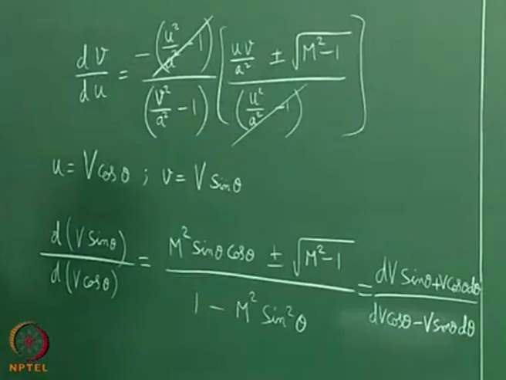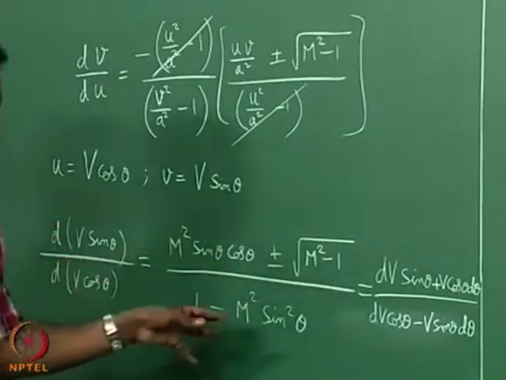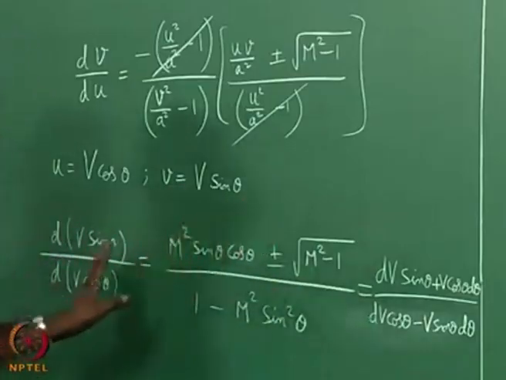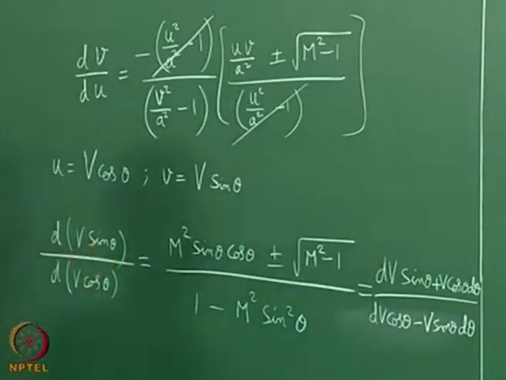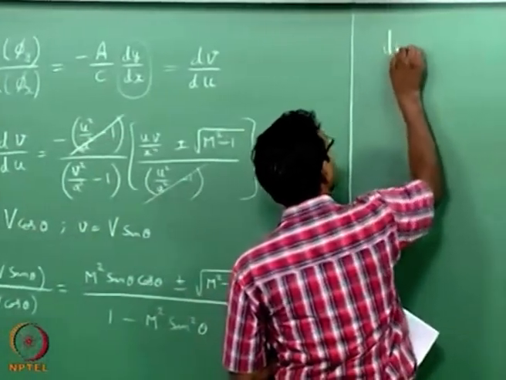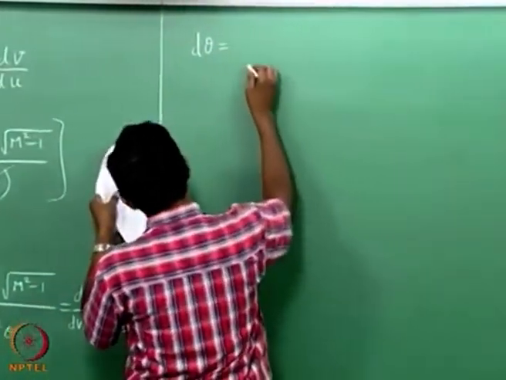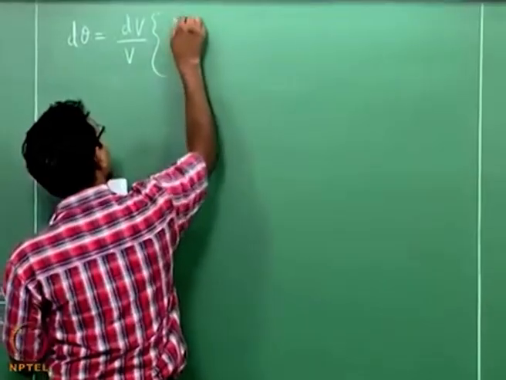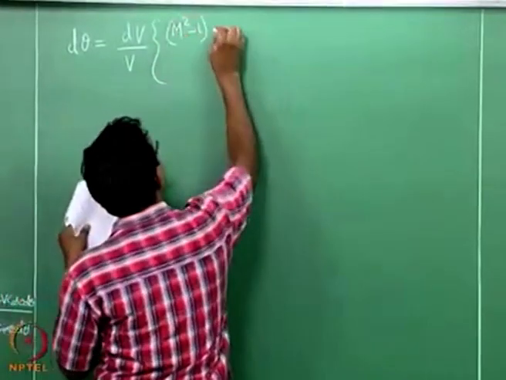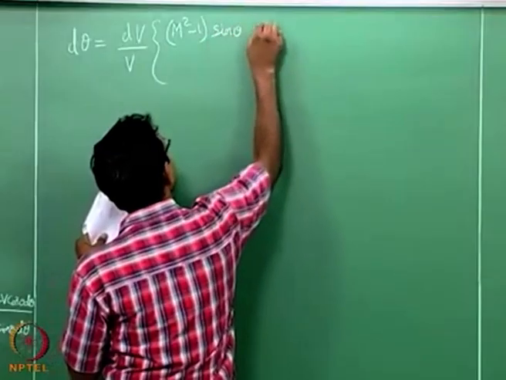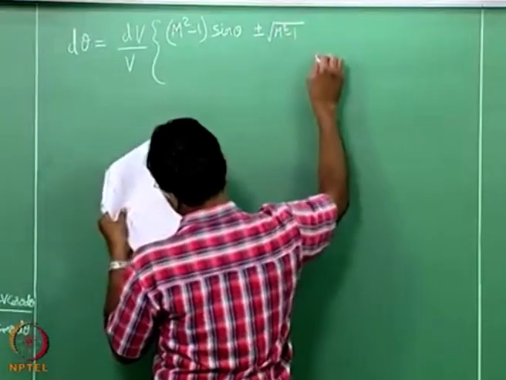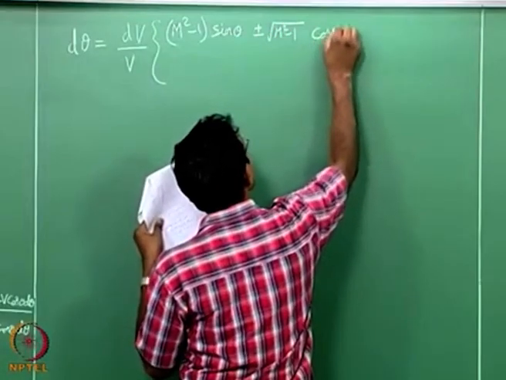Now I will cross multiply this denominator with that numerator and this denominator with this numerator, and then rearrange terms such that all dv terms are on one side and all d theta terms are on the other side. If we rewrite it that way, I will finally end up with d theta equal to dv by v times m square minus 1 sin theta plus minus m square root of m square minus 1 multiplied by cos theta.